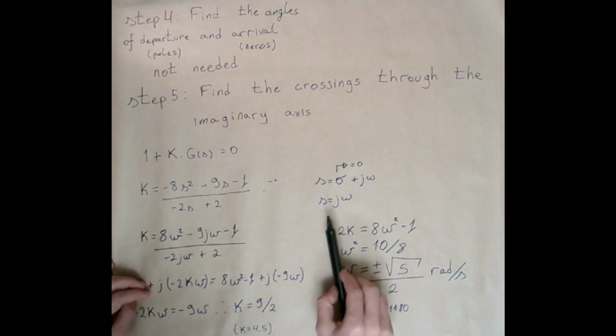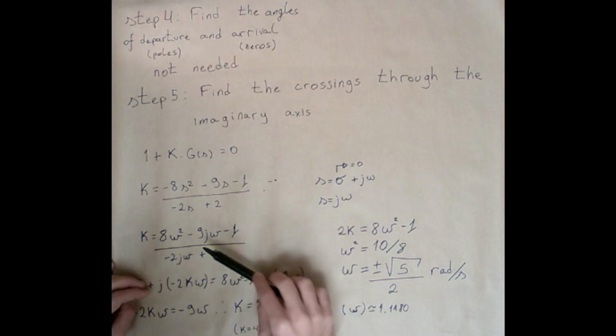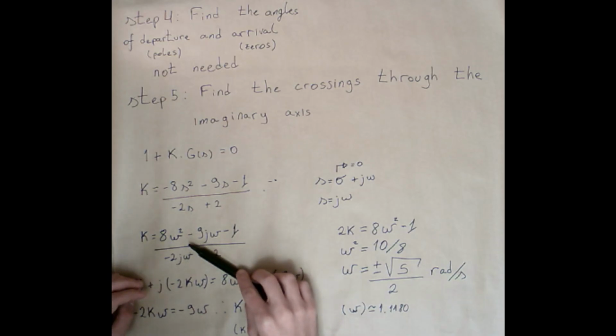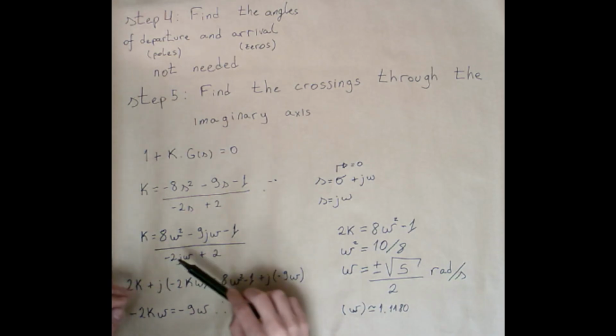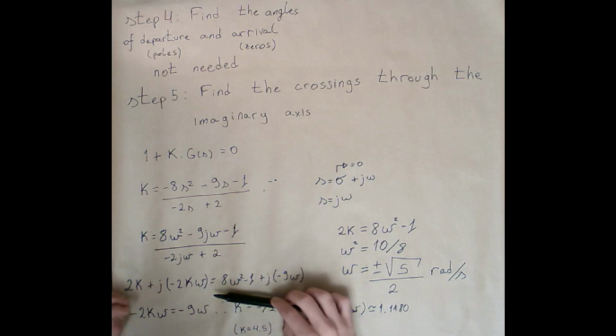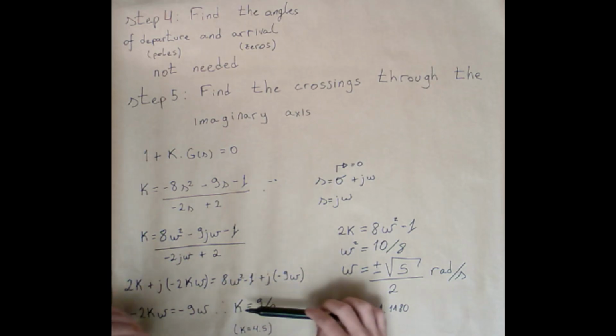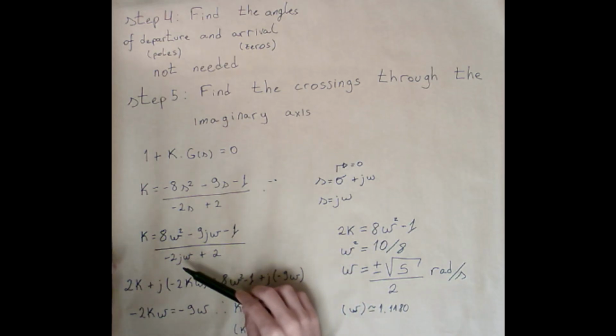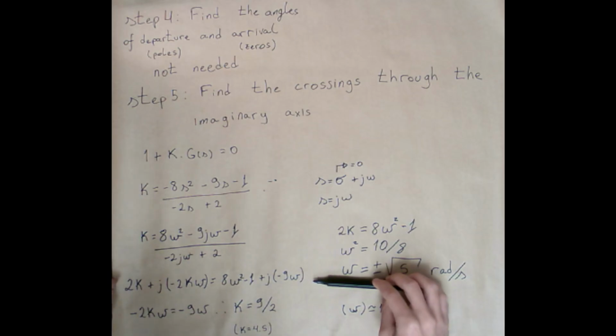By replacing this value on the characteristic equation, we are going to arrive at a quadratic equation in terms of k, but in reality that can be converted into a system of two equations with two unknowns. All we gotta do for that is separate the imaginary and the real parts, which is done in this line.